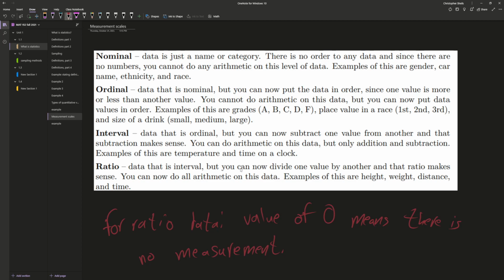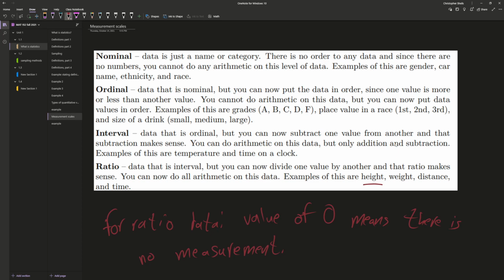For instance, in the examples given here, like height, someone can't be 0 inches tall, right? You can't have no height. If you see a height of absolutely 0, then that means that there's no measurement, right?